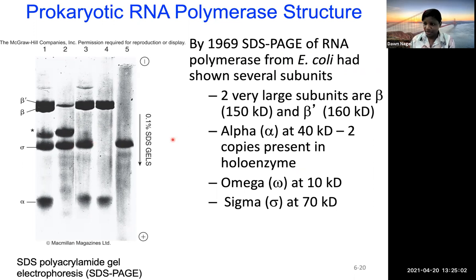In equivalent terms, think of 1,000 base pairs of DNA. Because you have 3 base pairs per codon or amino acid, you could have about 333-ish amino acids. And that's usually equivalent to 37 kilodaltons, right? That's how the conversion is made based on the size of the protein.